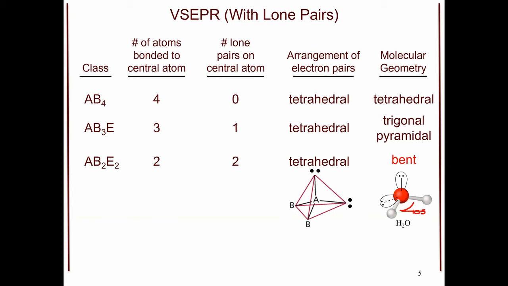So this is a very important thing that I want to make notice. We use the words bent twice, once in the previous example that we saw with the AB3 group, but then also here in our AB2E2 group. The major difference between these 2 bent molecular geometries is the bond angle.